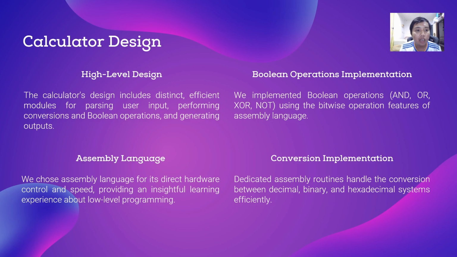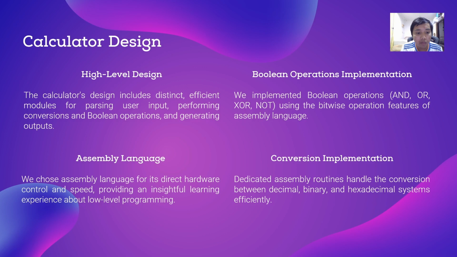For this slide, I will explain about the calculator design. Here are some points of the calculator design. The first point is high-level design. The calculator's design includes distinct efficient modules for parsing user input, performing conversions and Boolean operations, and generating outputs.